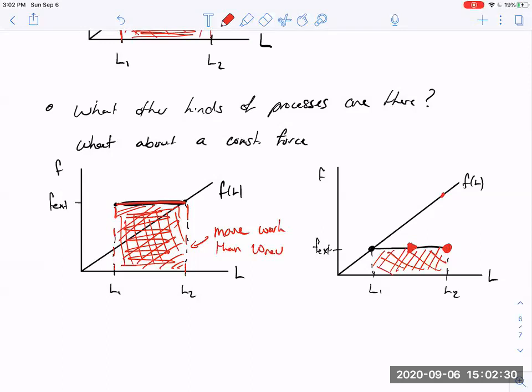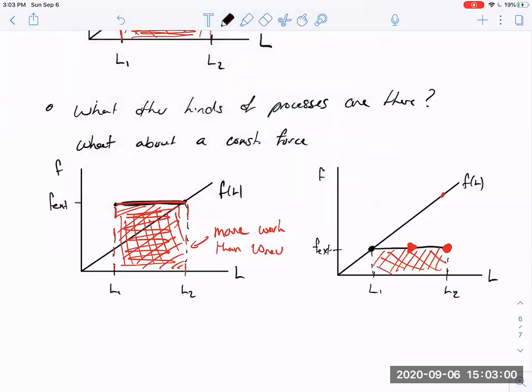If at L2, the force the polymer opposes external forces with is that large, I'm not applying a large enough force to counterbalance it. I'm not going to get all the way to L2. The force opposing the external force is larger, so I won't affect that elongation of the polymer to begin with. It won't go anywhere.